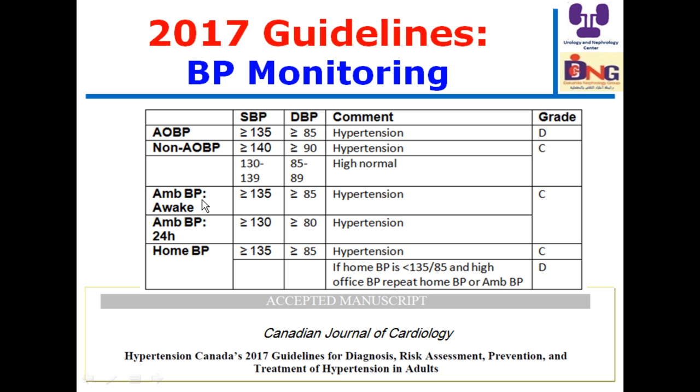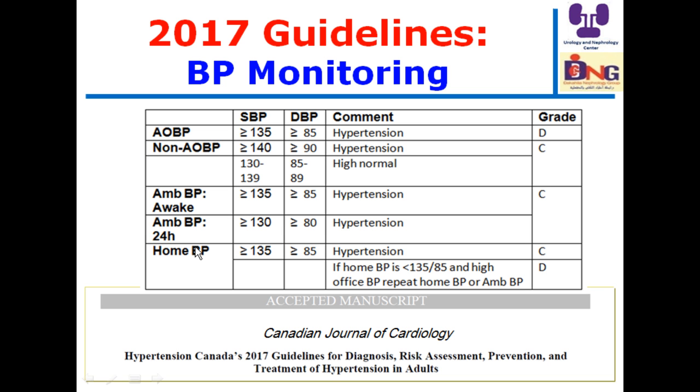If we are depending on ambulatory blood pressure, according to whether we use awake values or 24-hour values: if you are using awake values, equal to or exceeding 135 systolic, 85 diastolic, this is hypertension. If we depend upon 24-hour ambulatory blood pressure, it is 130 and 80.